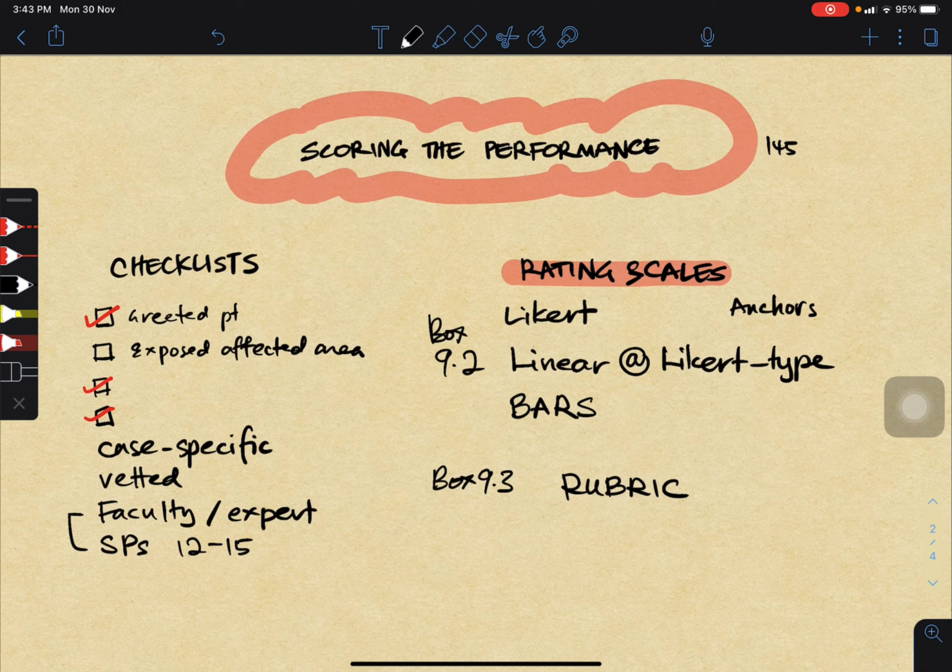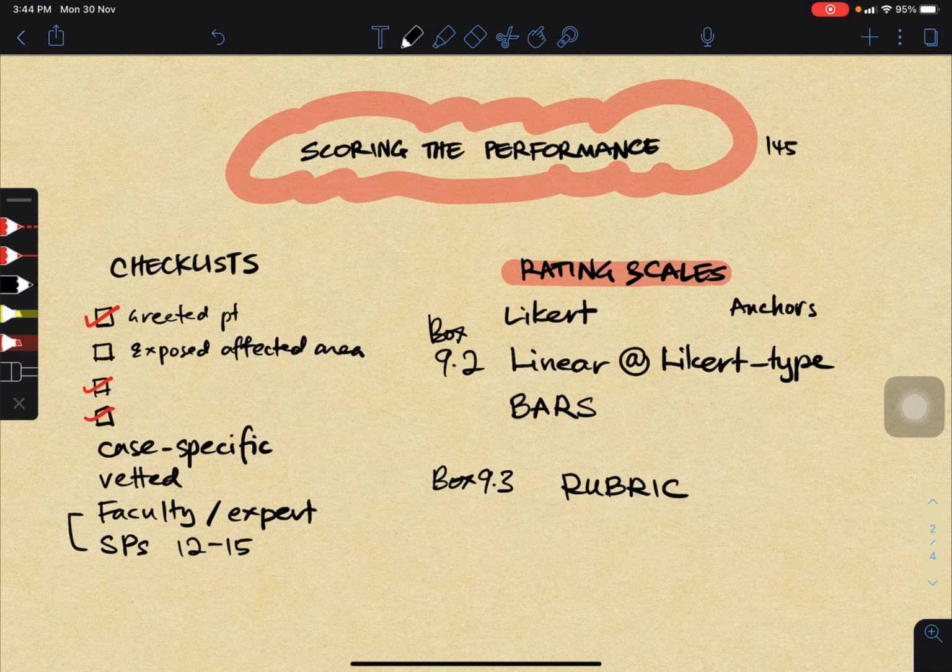So please have a look at what we call anchors and rubrics, and there's discussion, debate again going on. Checklist versus rating scales, which ones are better?